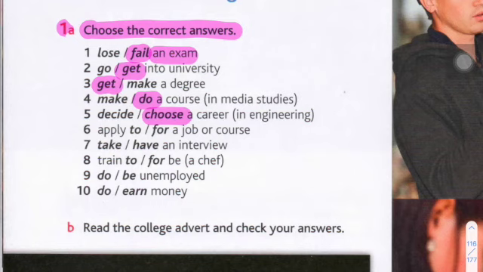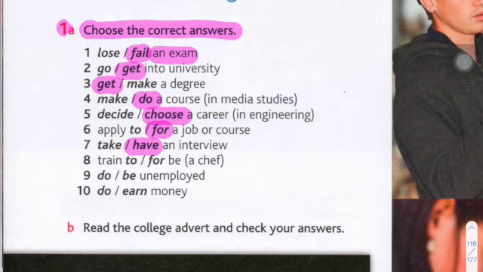Number six is apply to or apply for. Okay, so it is not apply to, it is apply for. Apply for a job, apply for a course. Number seven, take or have an interview. Now the answer is have an interview, right? Number eight, train to be a chef or train for be a chef?